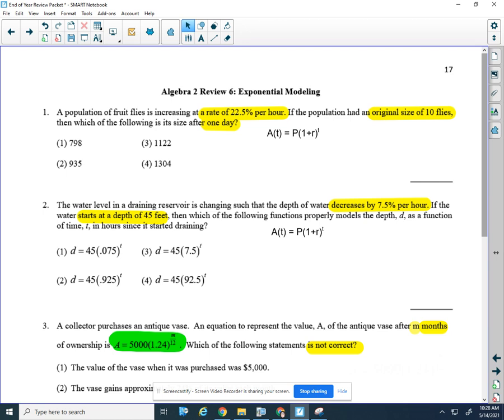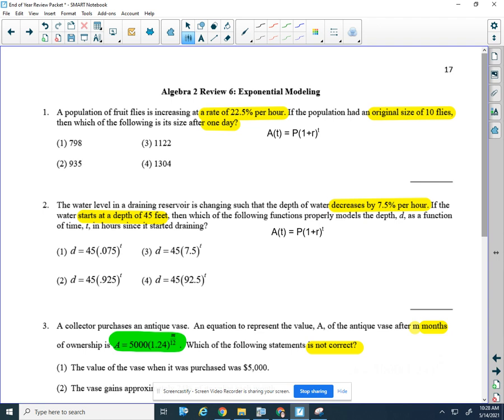Page 17. Number 1: if a population of fruit flies is increasing at a rate of 22.5% per hour, and the population had an original size of 10 flies, which of the following would be its size after 1 day? Because this is just increasing at a rate per hour, and they're asking about hours, you don't have to do any strange manipulations.